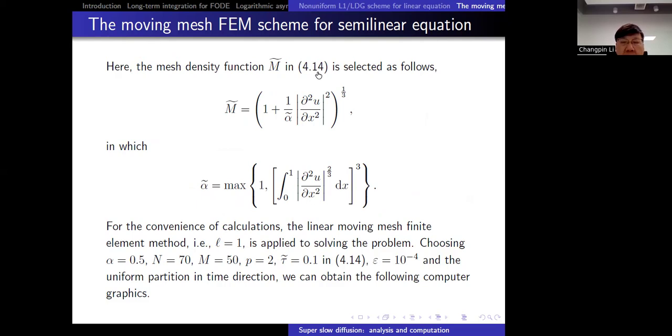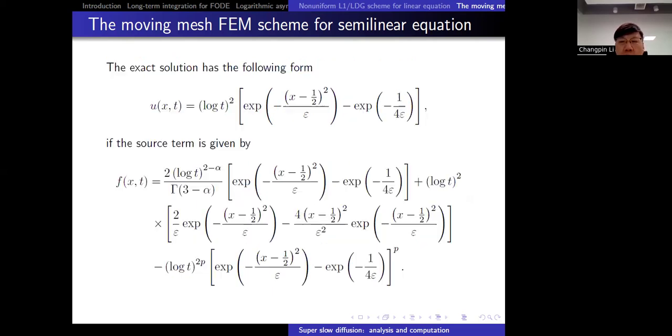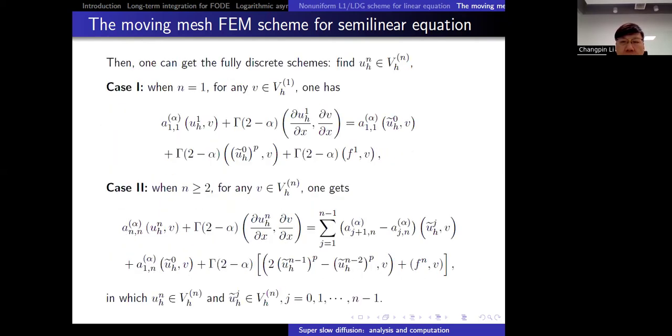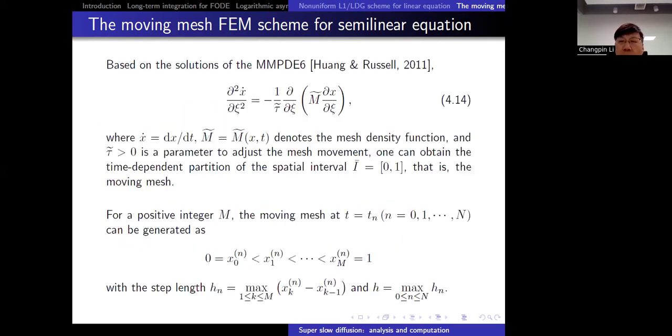Okay, we go back to see equation 4.14. This is 4.14. We need to find this, okay, this density and mass density function.